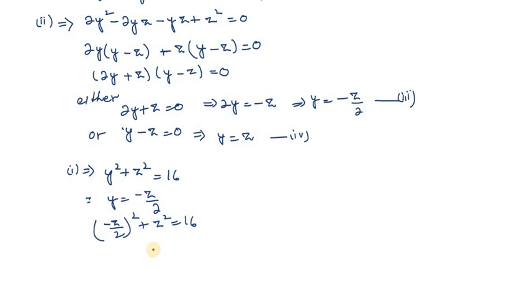And when we get the value of z, then again back substitute the value of z and get the value of y. After getting the values of y and z from equation 3 and equation number 1, again we do the same: solve equation number 4 with equation number 1, get the values of z and y again and form the solution set.